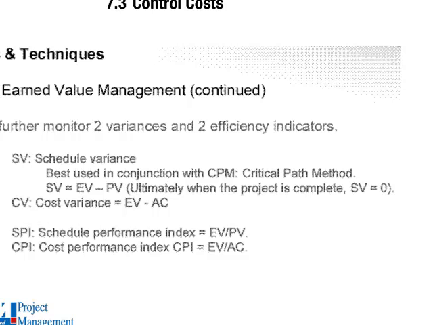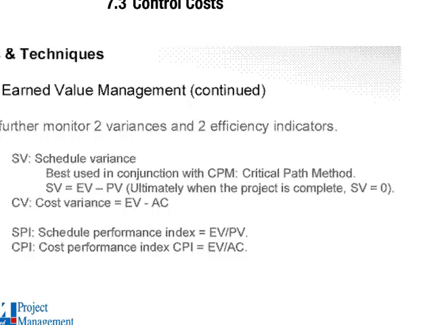So for SPI, which is greater than 1, what does that mean? When it's greater than 1, that means your EV divided by PV is greater than 1, right?